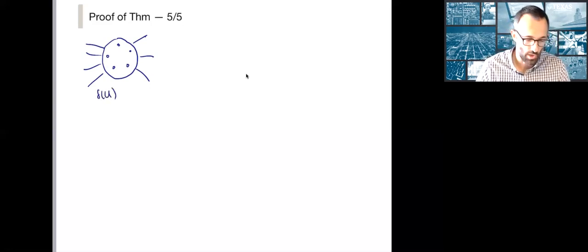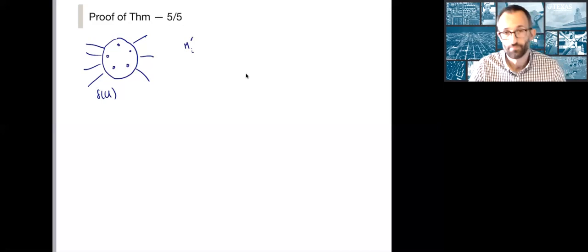And we know that any one of them, so how many of these edges is contained in any particular Mi dash? Well, Mi dash: either none or 1. And why is that?